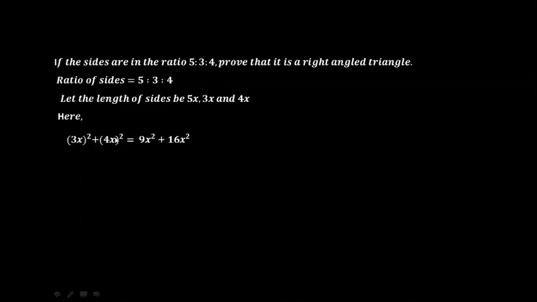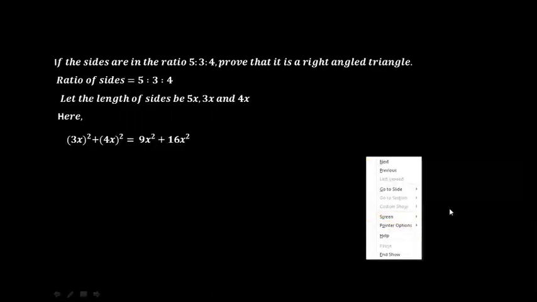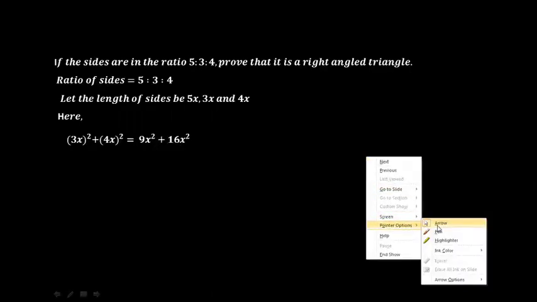So we'll take the sum of 3x square and 4x square, that is 3x square plus 4x square. 3 3s are 9x square plus 4 4s are 16x square. Let me explain this one.